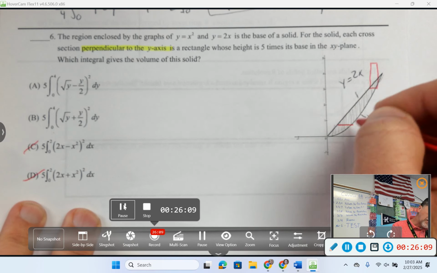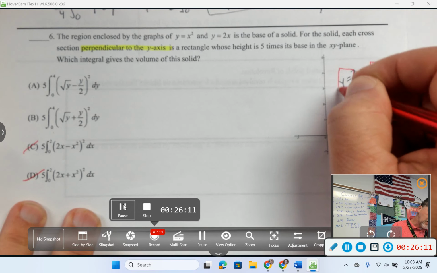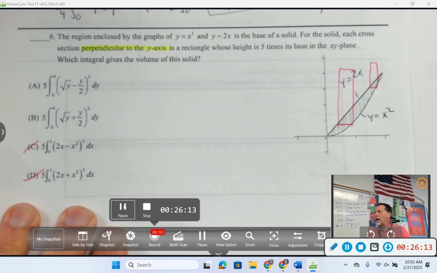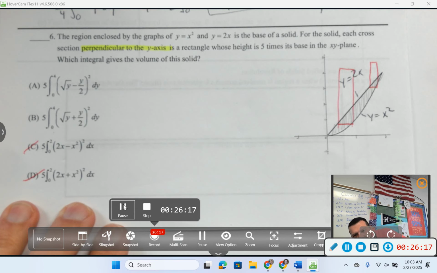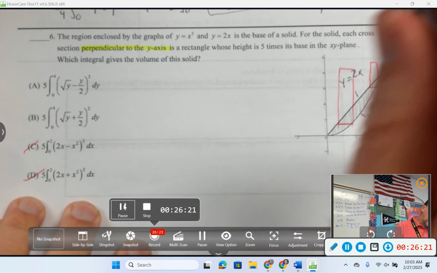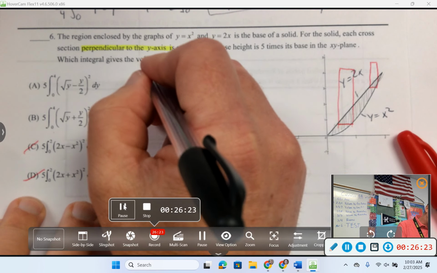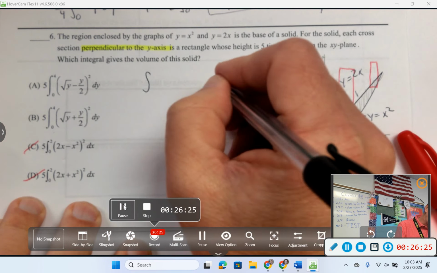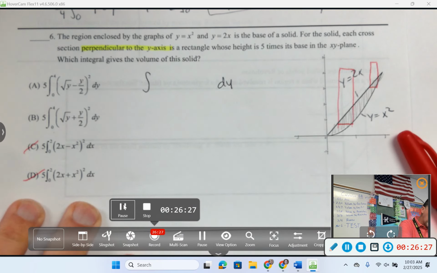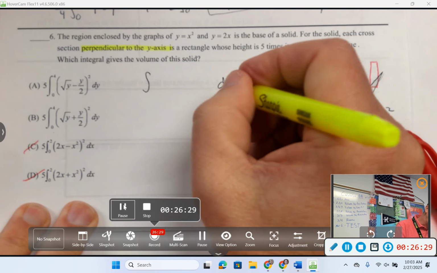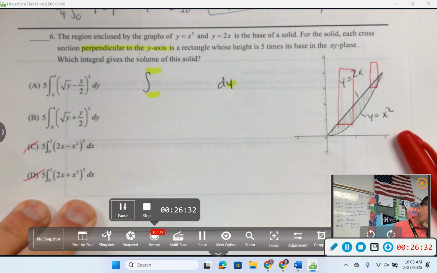So coming up out of the page is a rectangle that's 5 times the length of the base. Which integral gives the volume of the solid? Okay, so we already said it's going to be dy, which means everything in the problem has to be in terms of y.